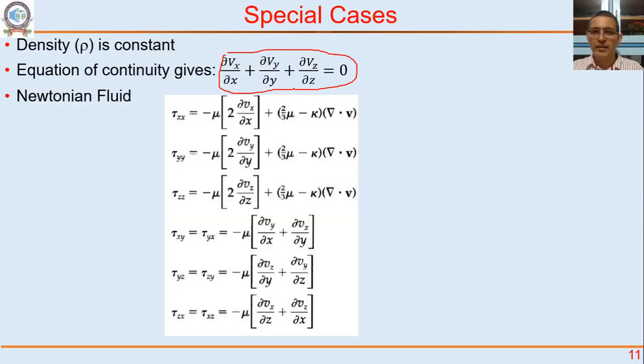Now, if you use the definitions of tau xx, tau yx, tau zx for the x directional momentum, what you have to worry about is only tau yx and tau zx. Use this definition, use this definition, use this definition of tau xx. This is 0, del dot v is 0. That's from continuity. So this entire term will vanish.